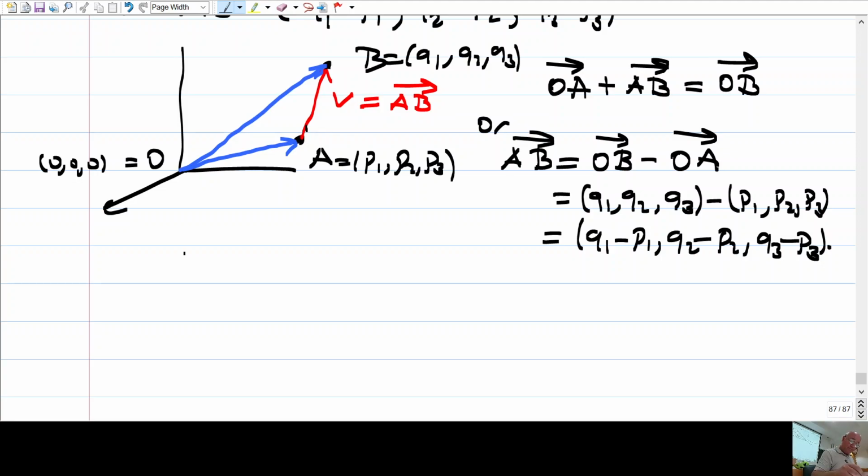So if you have a vector like this and a parallel vector like this, with the same length, then we regard them to be the same. Just take the vector which joins these two, let's say W.